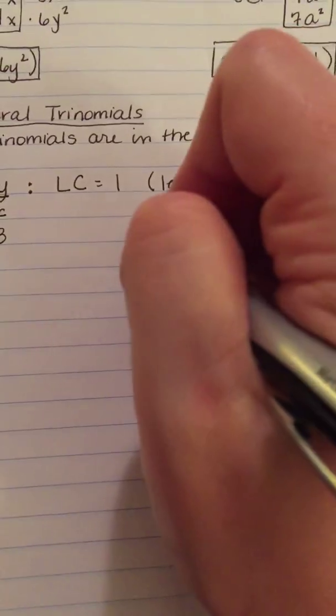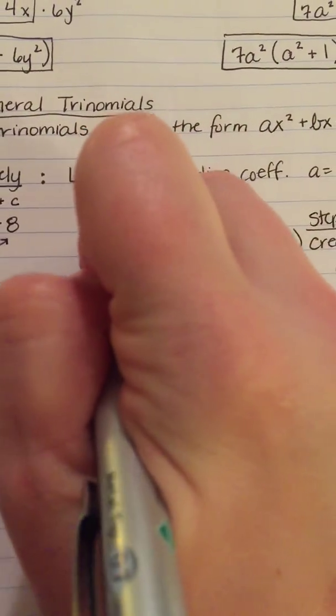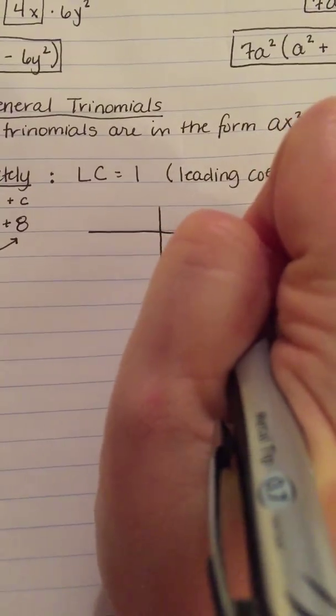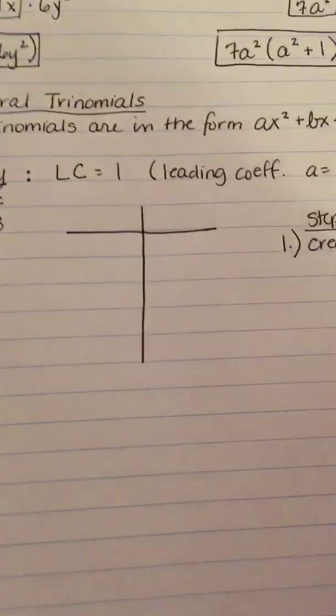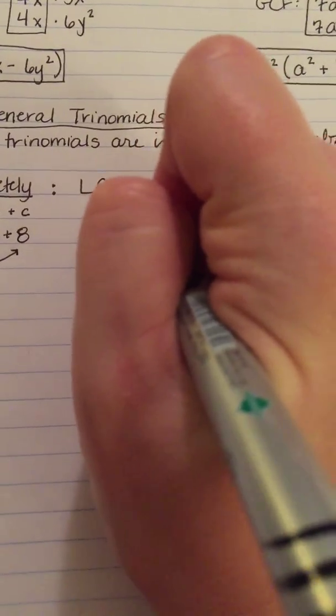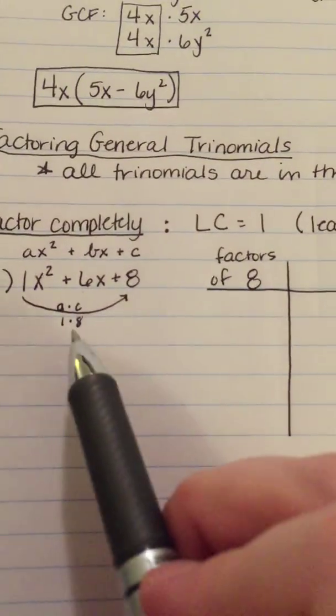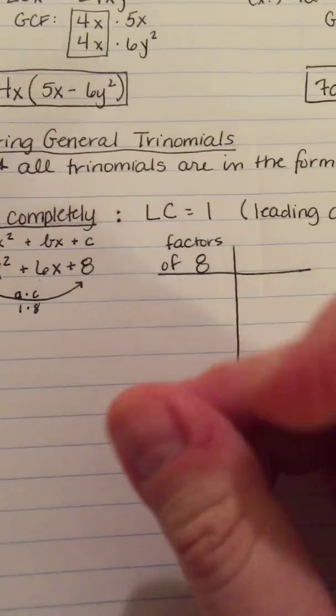My t-chart is going to look something along these lines. So, a basic T, and on this side I'm going to put down the factors of 8, because 1 times 8 is 8. Okay?